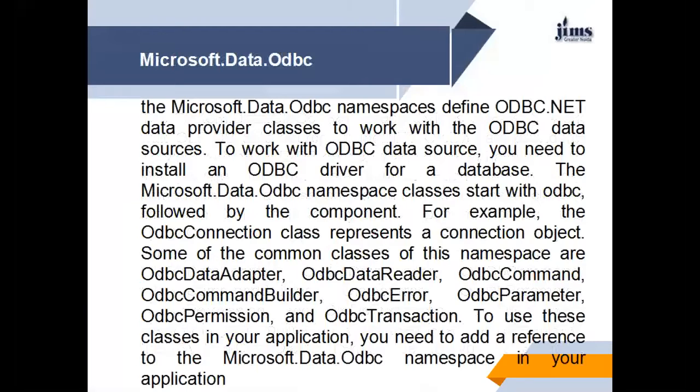For example, the ODBC connection class represents a connection object. Some of the common classes of this namespace are ODBC data adapter, ODBC data reader, ODBC command, ODBC command builder, ODBC error, ODBC parameter, ODBC permission, and ODBC transaction. To use these classes in your application, you need to add a reference to the Microsoft.data.odbc namespace in your application.